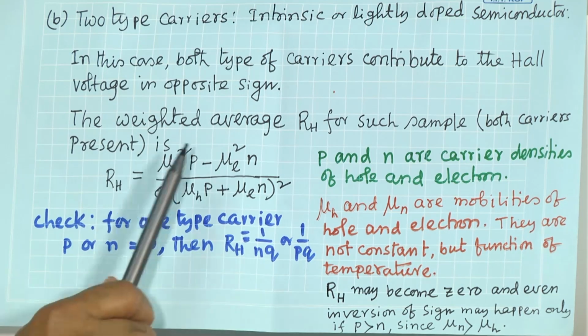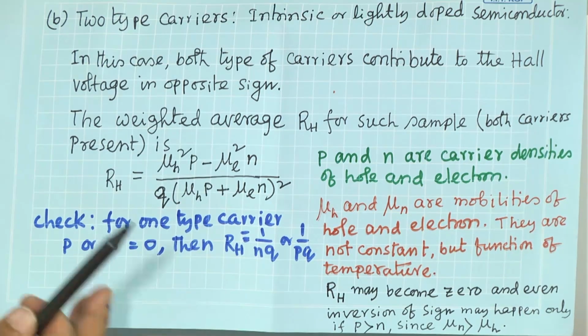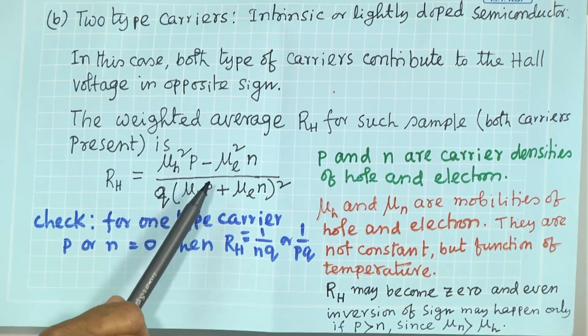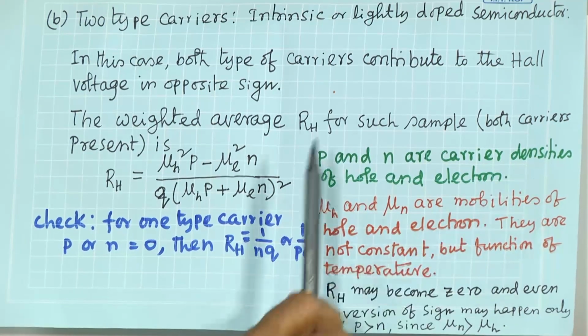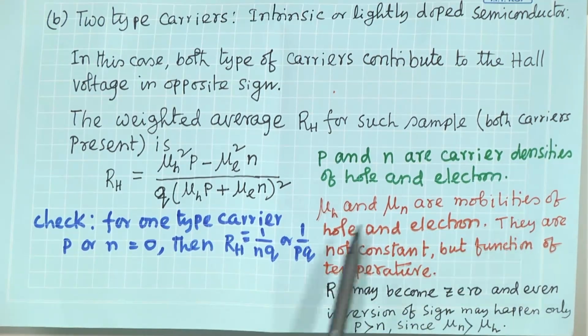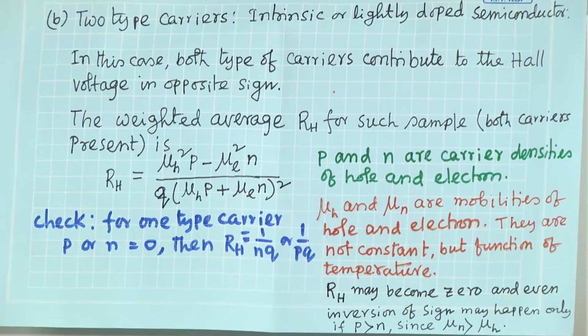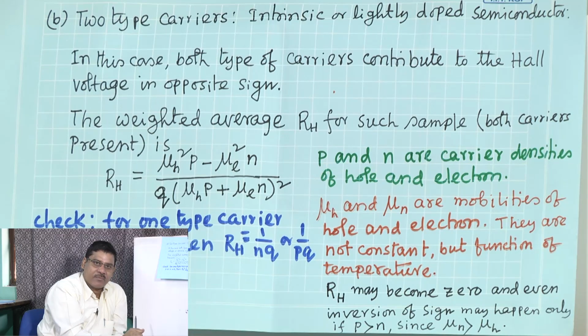P and N are, as I told, the density of holes and electrons, and mu are the mobilities of holes and electrons. Now this mobility is a very important parameter in semiconductors. The mobility of electron and hole are not the same. The mobility of electron is higher than the mobility of the hole in semiconductor, and they are not constant but a function of temperature.